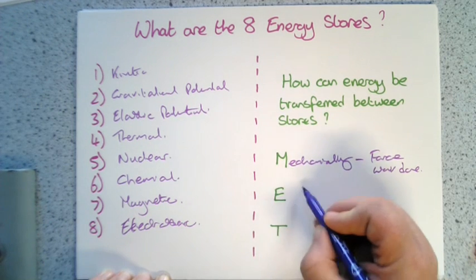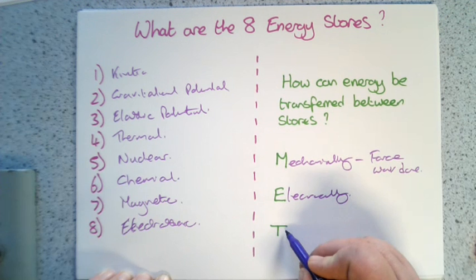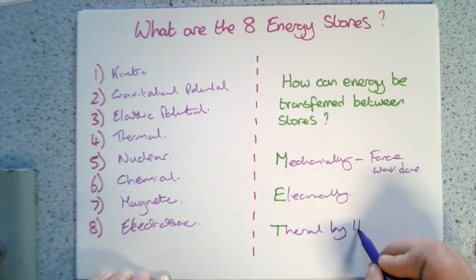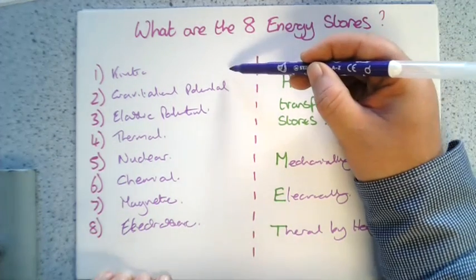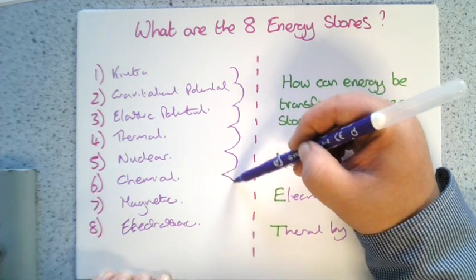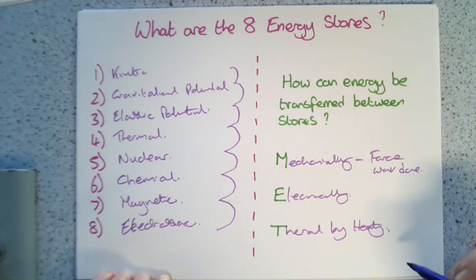We have electrically, and then we have thermal or by heating. So when we actually get a transfer of energy from any of these to the next energy store, it's always going to be through one of those 3 methods, okay?